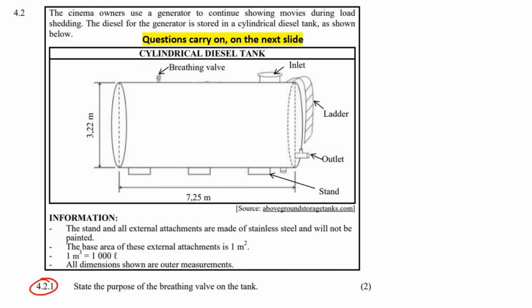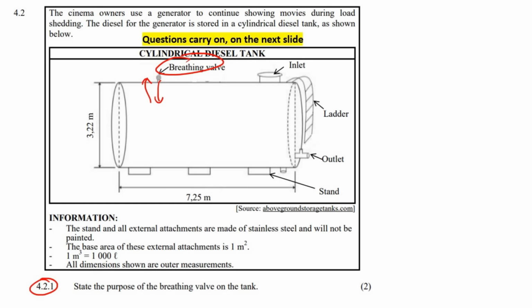Now, when I read that question, I'm like, goodness me, are we studying engineering here? How are we all just supposed to know what a breathing valve is? I don't know what a breathing valve's for. Well, when you think about breathing, it's usually for air or oxygen, right? So the breathing valve is to let air in and out. On the memo, you're allowed to say that it's to let air out, and you're also allowed to say that it's to let air in.